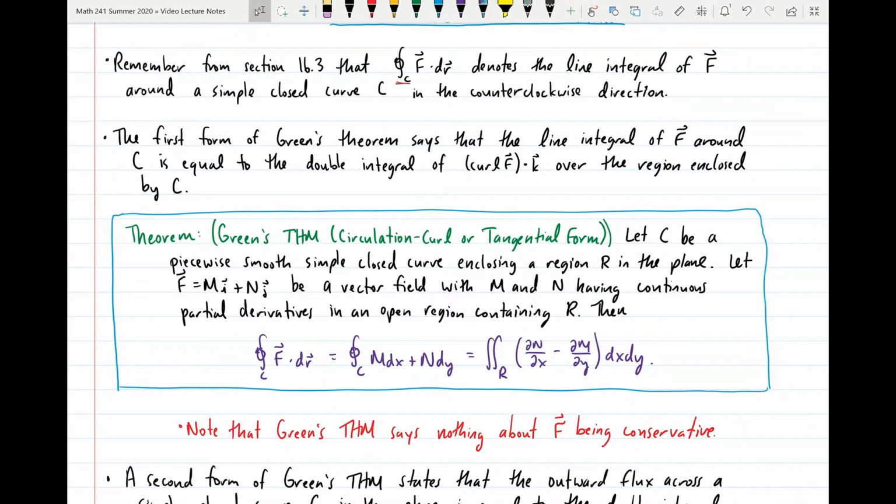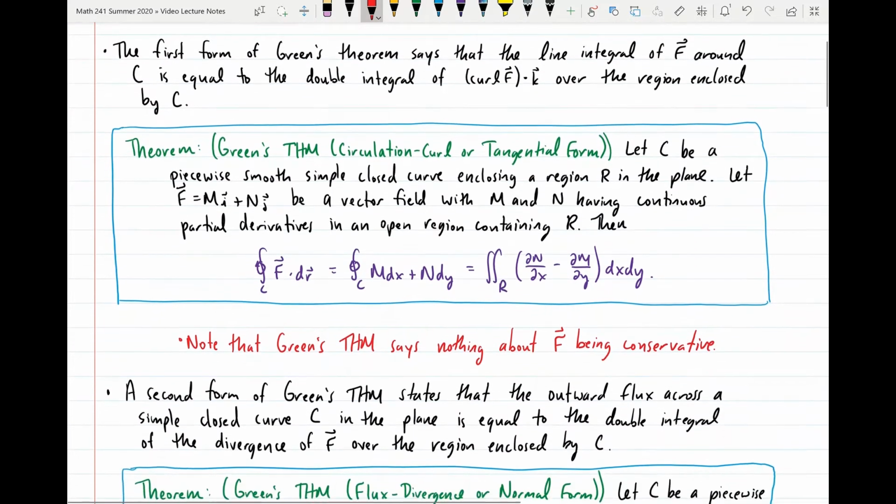And the first form of Green's theorem says that the line integral of our vector field F around the simple closed curve C is equal to the double integral of the circulation density, or the curl of F in the k direction, over the region enclosed by C.